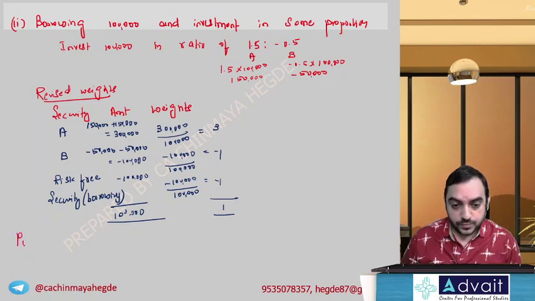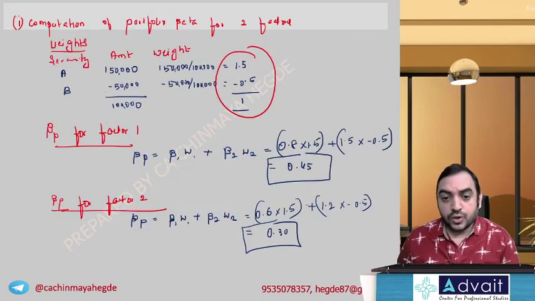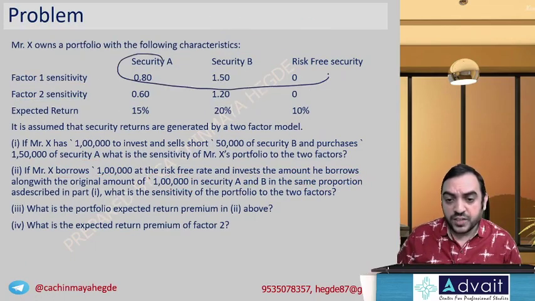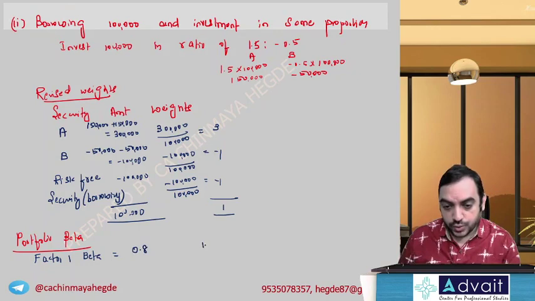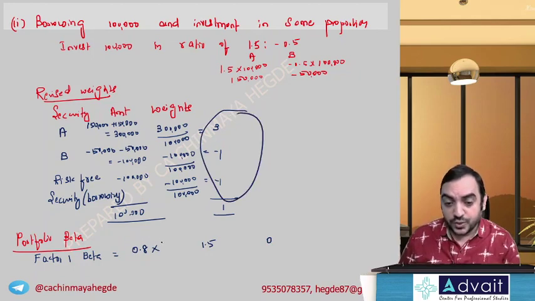Then portfolio beta for factor 1. For factor 1 we look at the factor 1 values, which are 0.8, 1.5, 0, multiplied by their weights, which we calculated in this column: into 3, into minus 1, into minus 1.